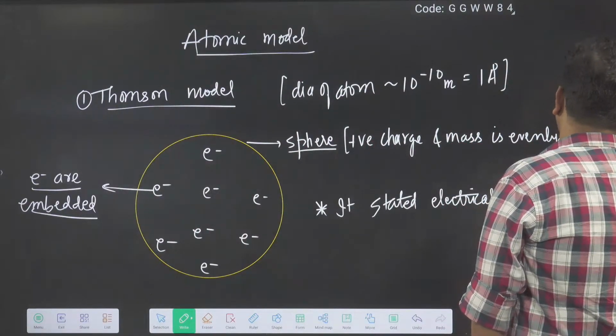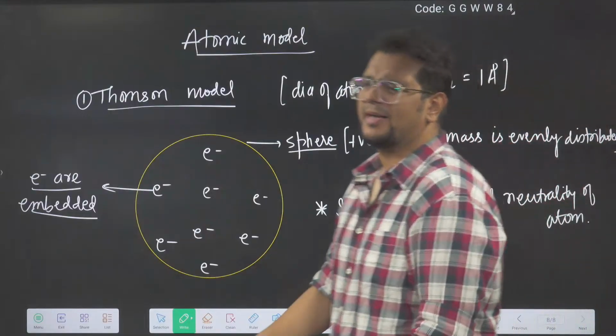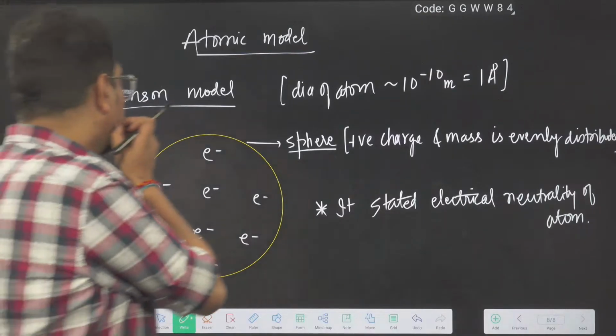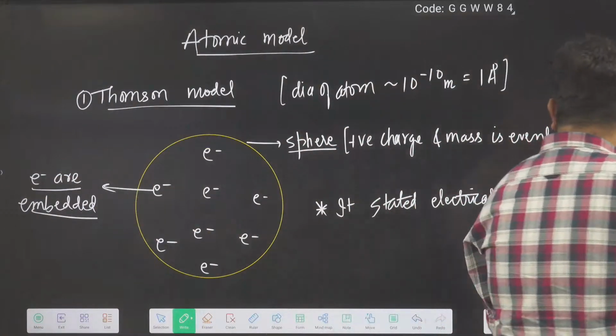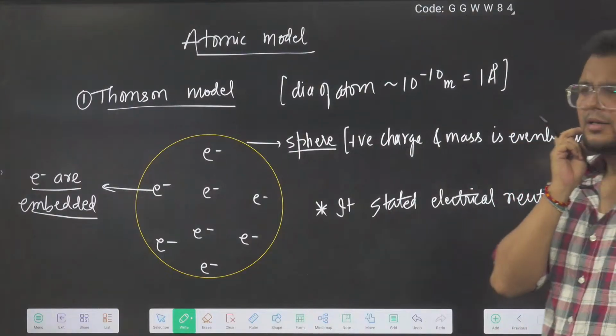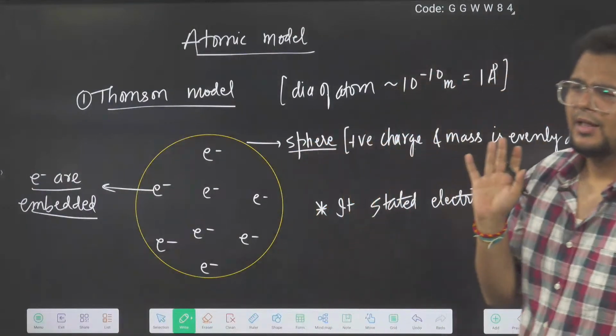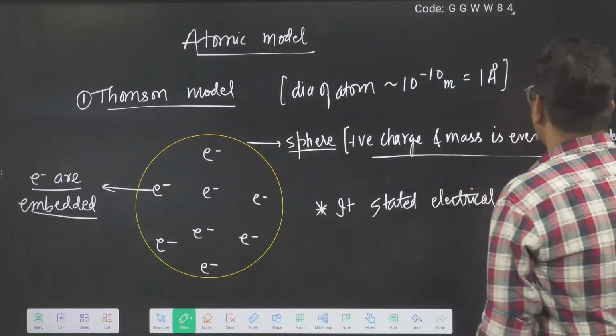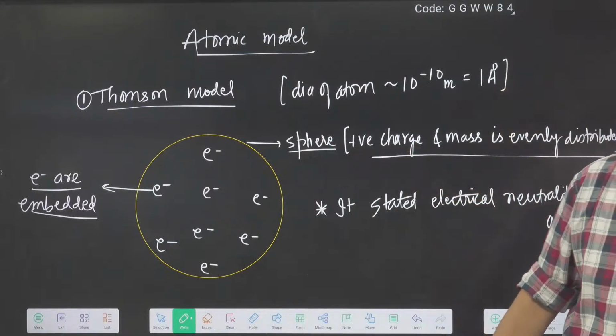He said that the atom will be electrically neutral, plus and minus will be equal. Clear? Plus and minus will be equal. That is what Thomson said. It stated the electrical neutrality. But one thing he said wrong: that all the charge and mass will be evenly distributed.